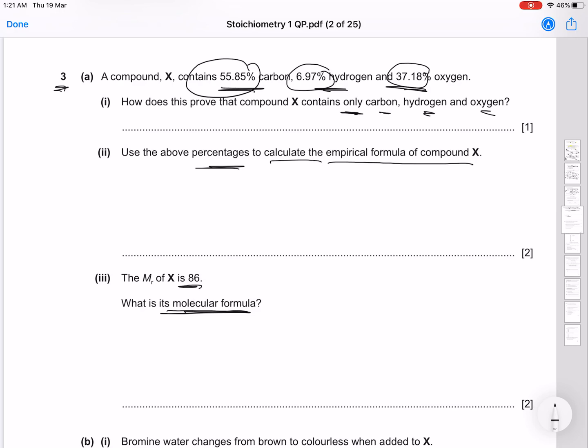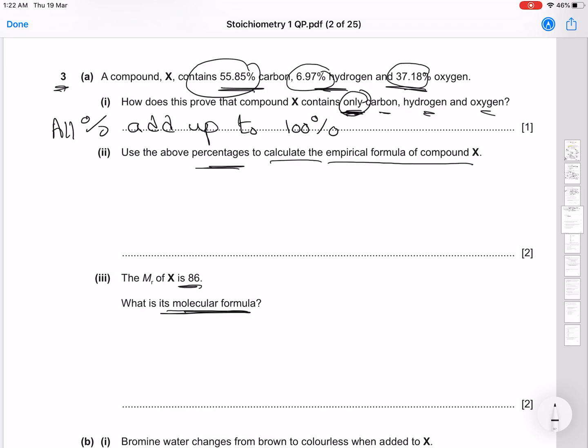That means that there is another element forming this compound. Let's add them together. If I add them, I will find that all percentages add up to 100%. So that proves that it only contains carbon, hydrogen, and oxygen.